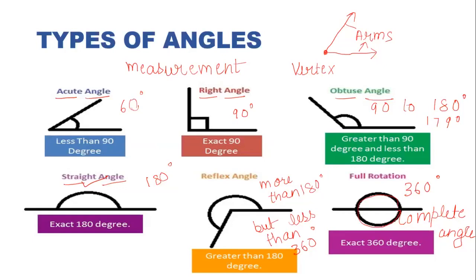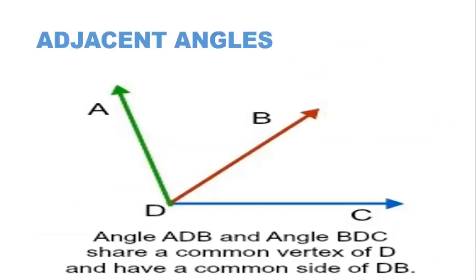Now let us proceed with the next concept. Adjacent angles. Adjacent angles we have already studied before also. Let me explain it again to you. What are adjacent angles? Two angles, जैसे आपके पास two यहाँ पे angles हैं, A, D, B. This is one angle. And B, D, C. This is another angle.